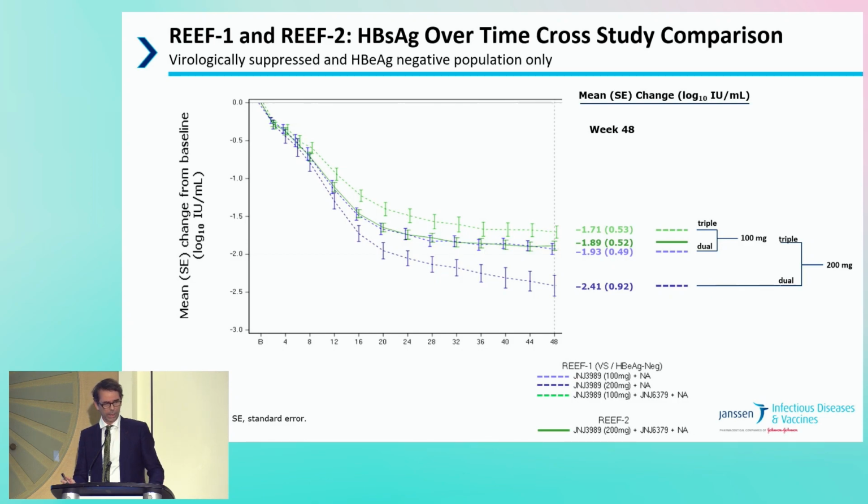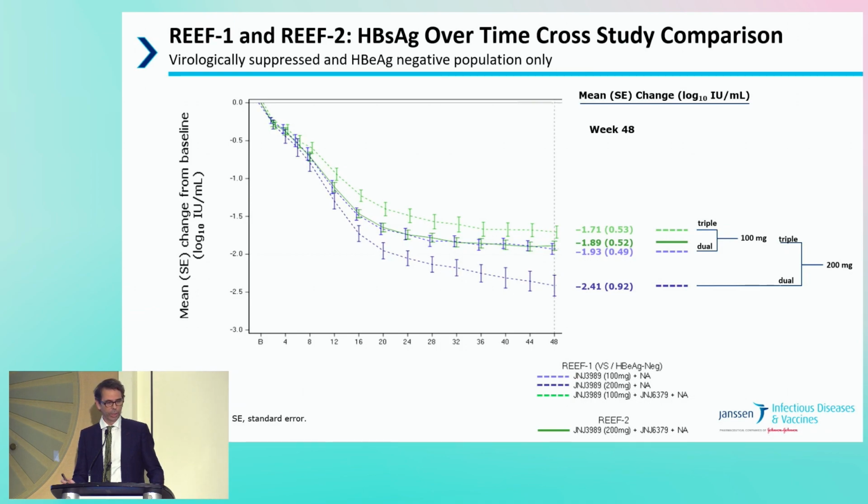The first 2 comparisons on the 100 milligram we had already seen in Reef-1, so this is now focusing on the E-negative nuke-suppressed patients in dotted lines, green being triple and light blue being dual with 100, and you see now the solid line coming from the Reef-2 data, 200 milligram in triple, compared to the dotted line, dark blue is the lowest line here, where we have the dual arm from Reef-1.